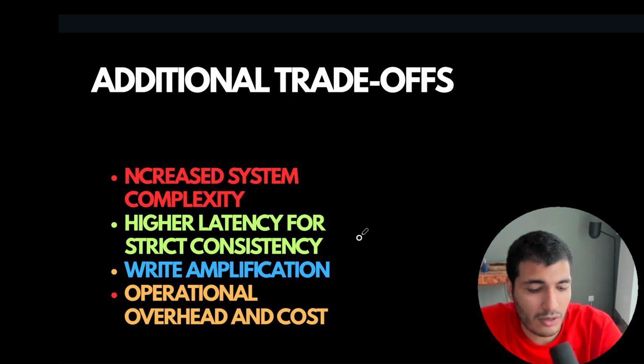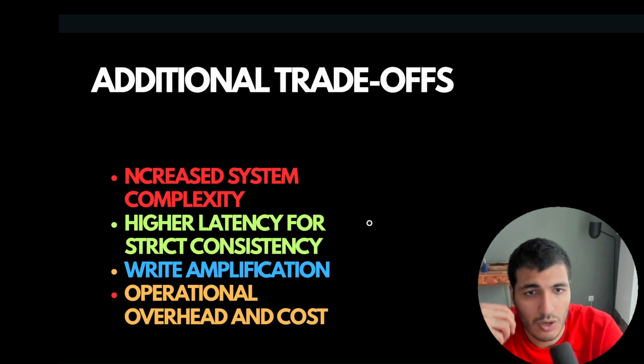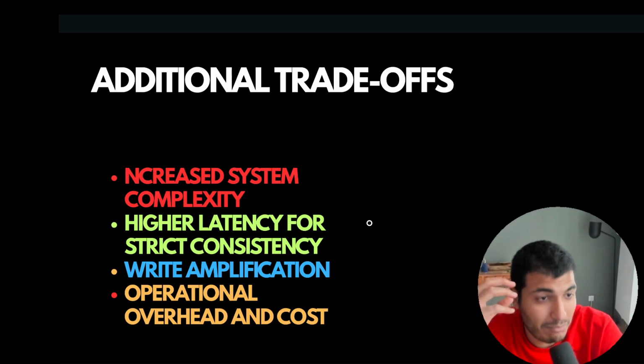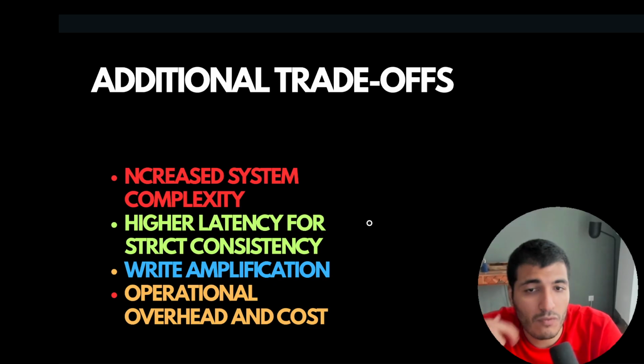Number two, we have higher latency for strict consistency. While multi-master helps with low latency writes to the closest node, ensuring strong immediate consistency across all nodes can actually introduce higher overall write latency.